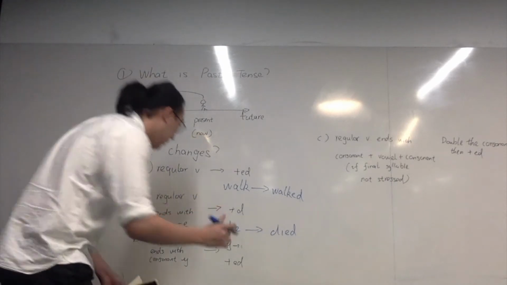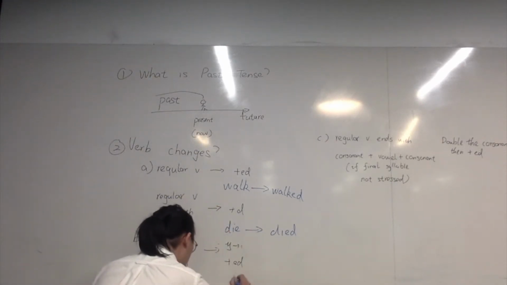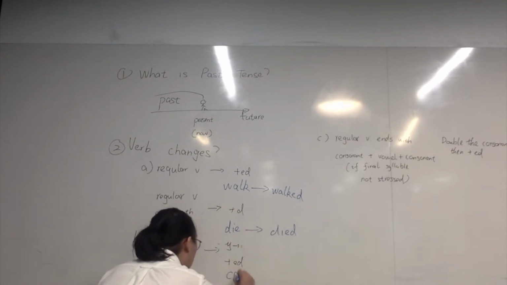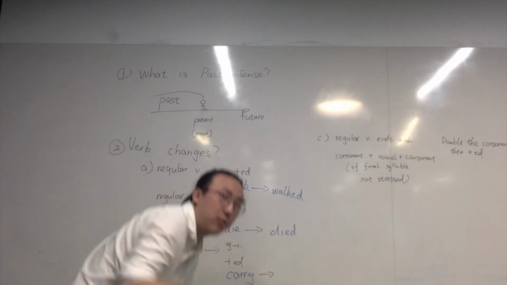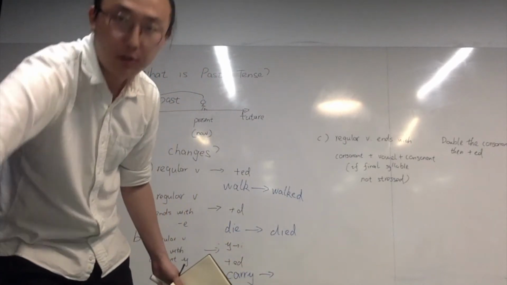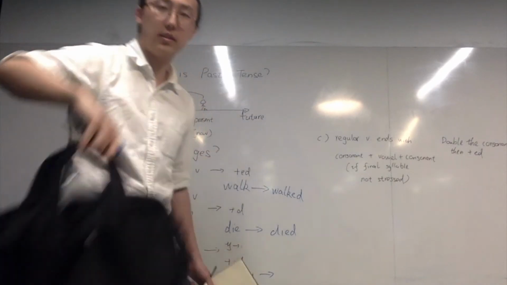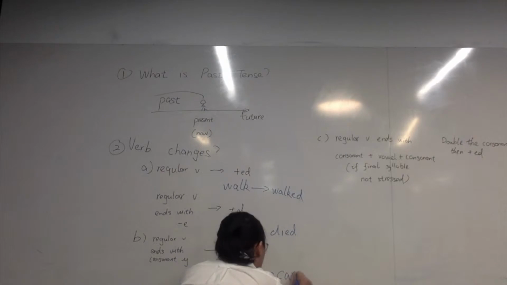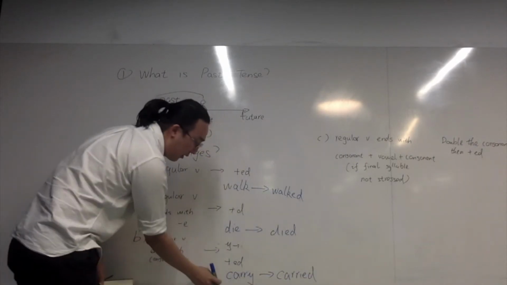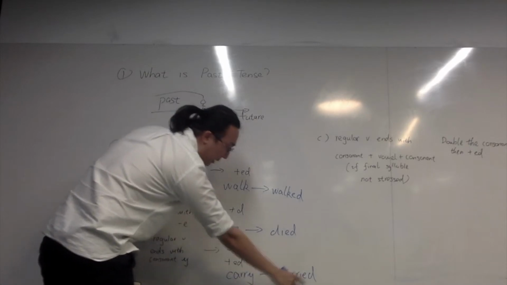One example is carry. I carry a bag. Have a look, everyone. I carry a bag. Yep. I want to say I carried. So I changed the Y to I plus ed.